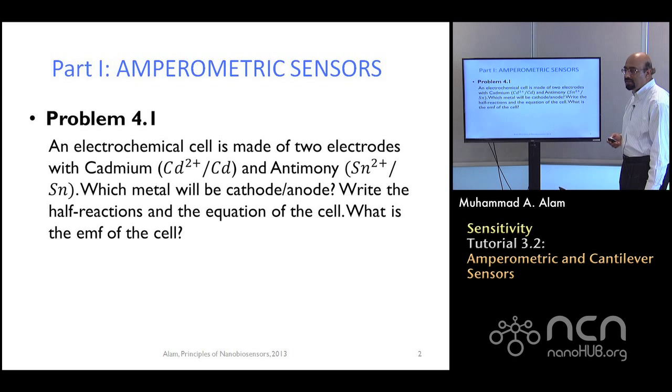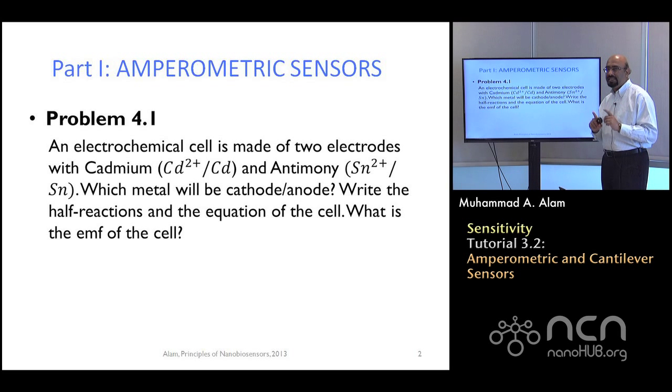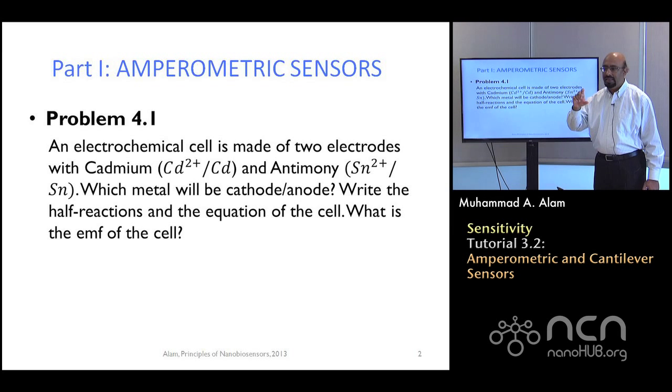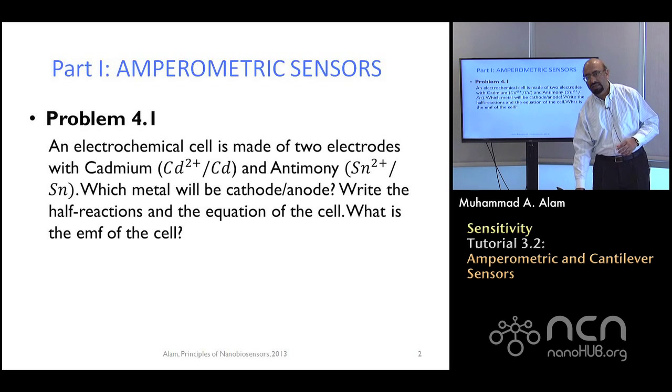Now, amperometric sensors, of course, depend very sensitively on the various electrodes we have, and it's very important to get comfortable with the electrochemical potential associated with various types of sensors. So remember, there are two classes.